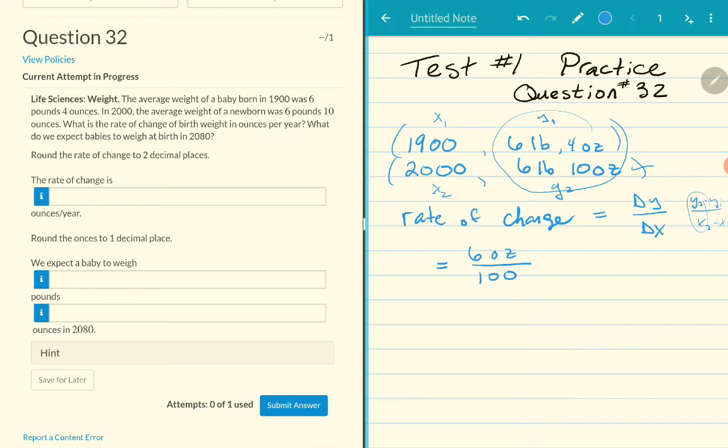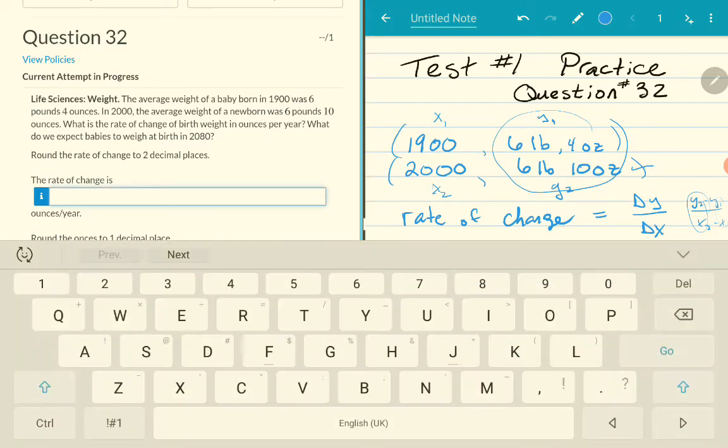Then I get that. So 6 ounces over 100 years, which is 0.06 ounces per year. So there's the unit, right? So my units are ounces per year. So in here I'm going to put 0.06 ounces per year.